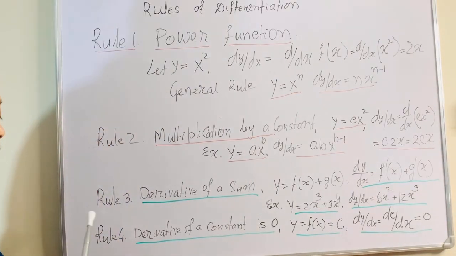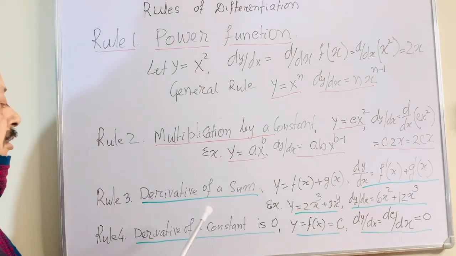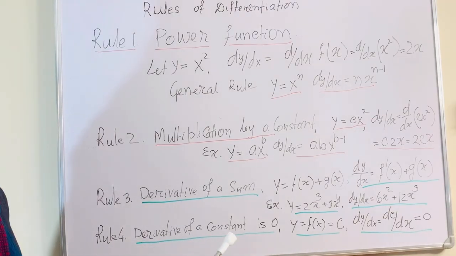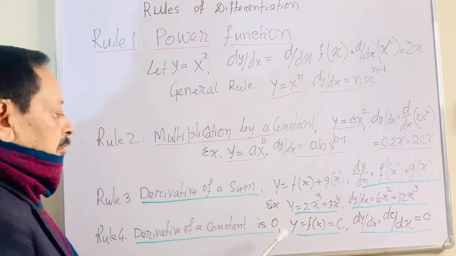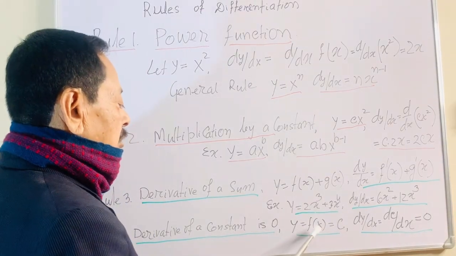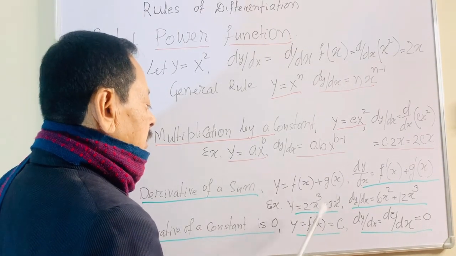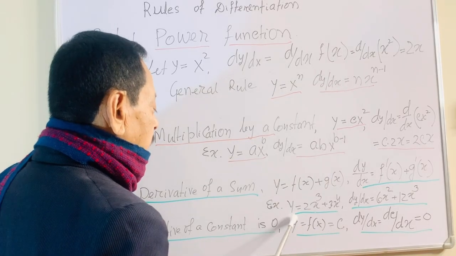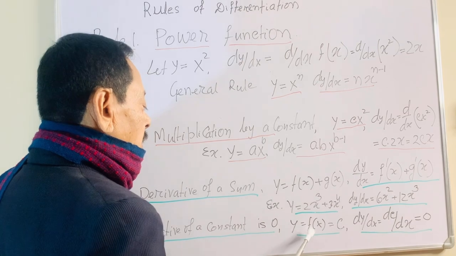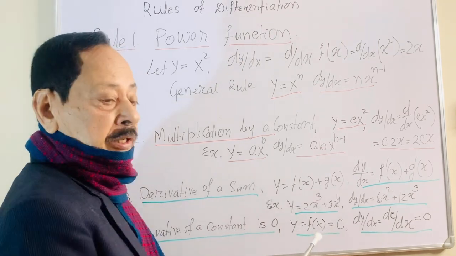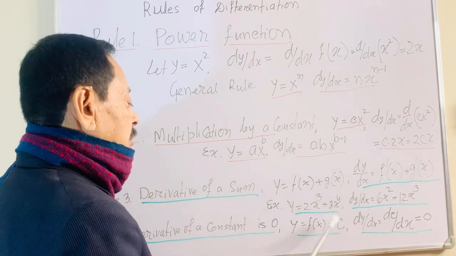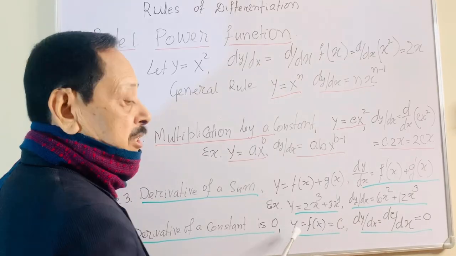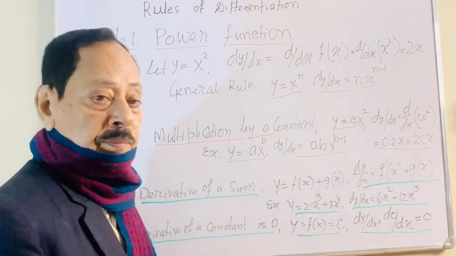Then rule 4, derivative of a constant. The derivative of a constant is always 0. Suppose y is a function of x equal to c. That means the dependent variable y stays at a constant value c, whatever may be the value of x, so the change in y is always zero.